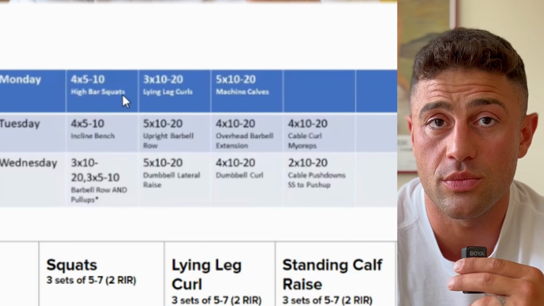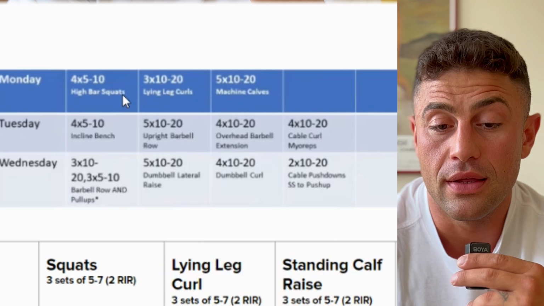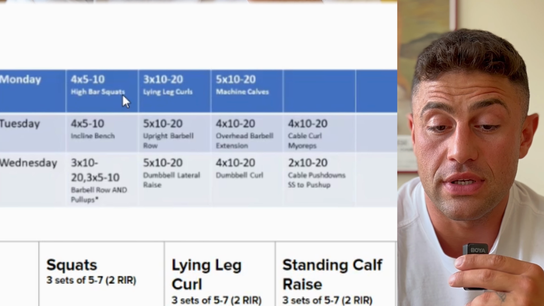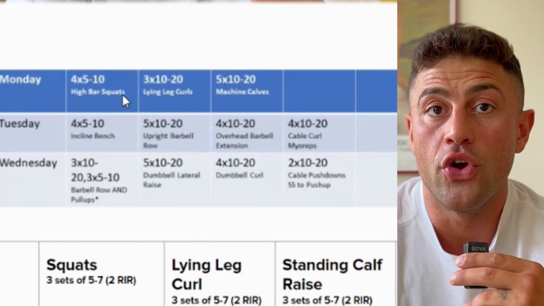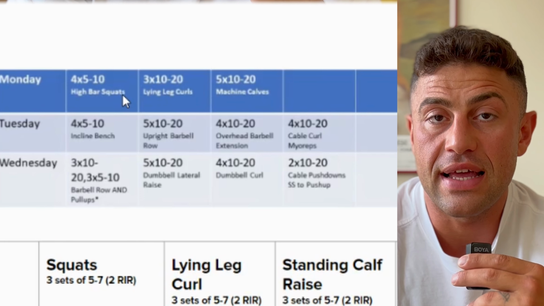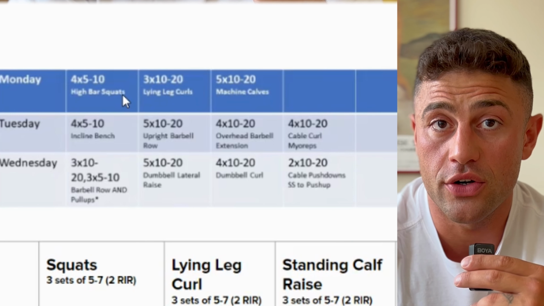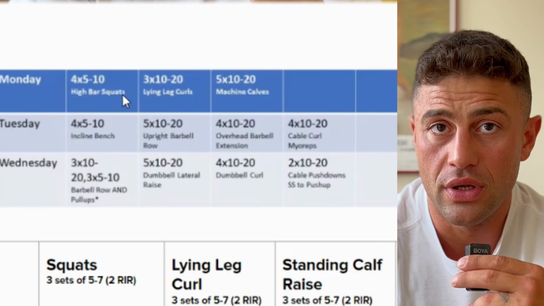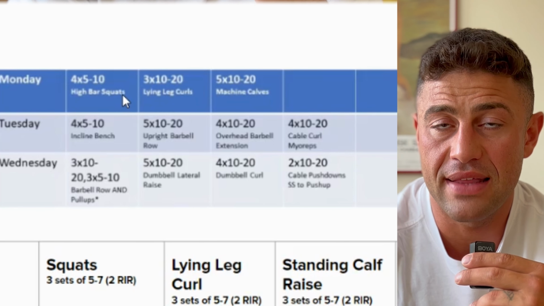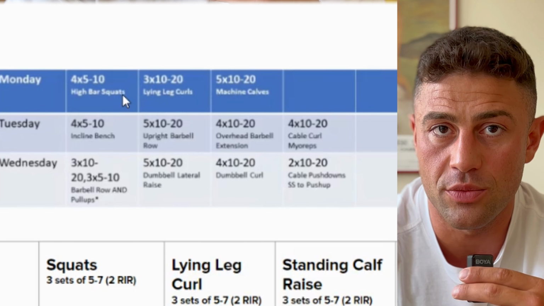Because it's a very isolated movement. But something as multi-jointed as a squat, you can't really take that to muscular failure. You're gonna fail because you're just too tired to do another repetition. It's not that your quads can't extend your knees anymore.